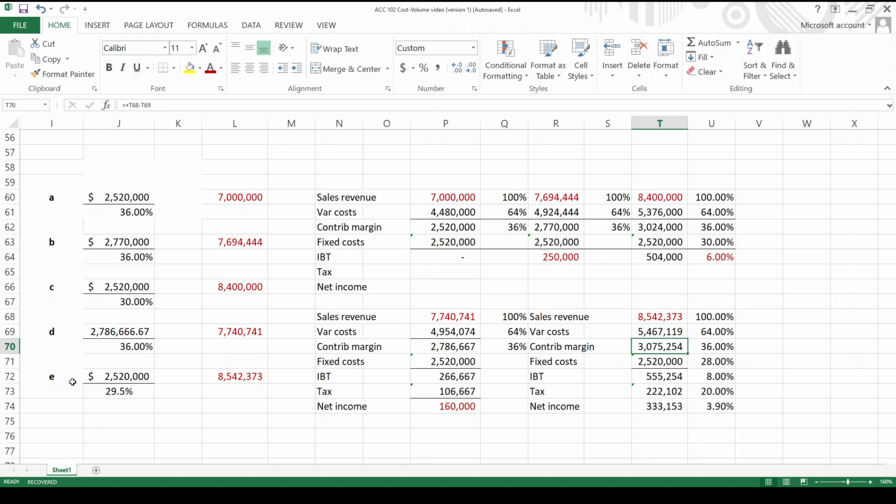Is your CM, contribution margin. Fixed is fixed. IBT is 555. Subtract 40%. You get 333,153, which, if you take that as a percentage of the sales number, you get 3.9%, which is what we're supposed to get.